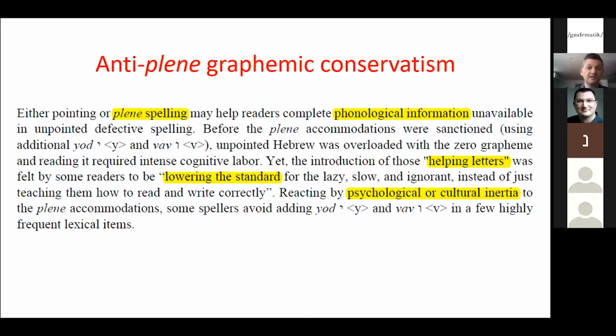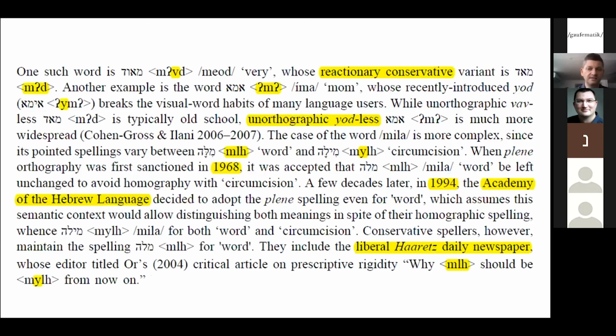But some people just got used to the formal spelling and they don't like it. So in ultra frequent words, they would avoid the new regulations and would keep the formal orthography. So now they are respellers because orthography has moved and they haven't.